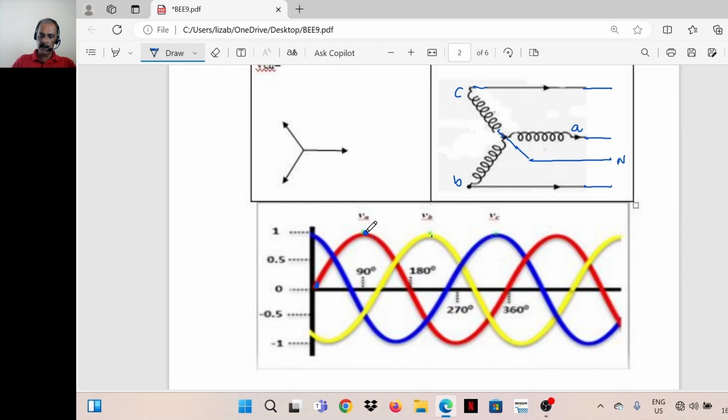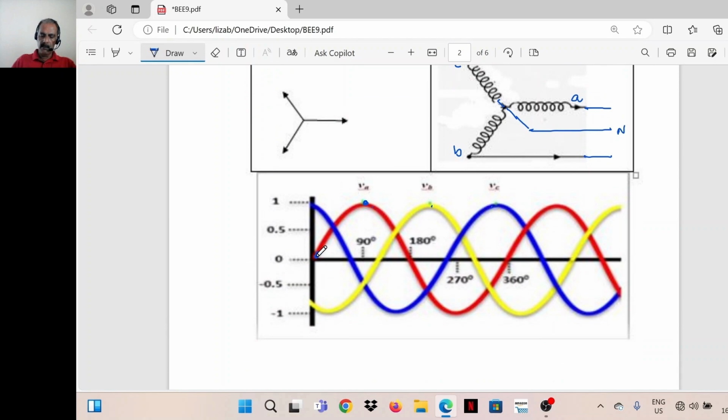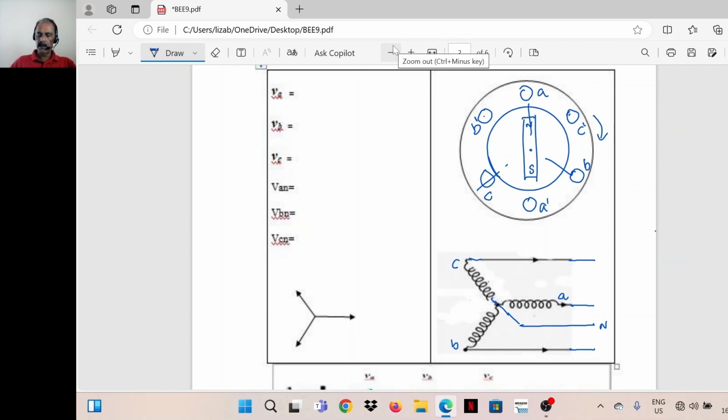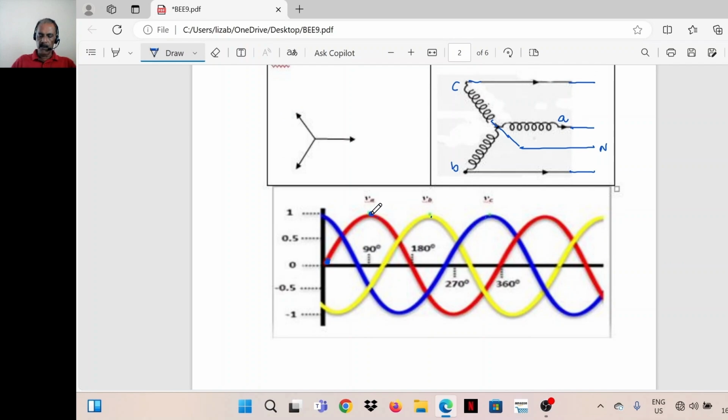That is this point. So when the axis of the magnet was horizontal, the voltage induced in conductor was 0. Now when it is vertical, the voltage induced in conductor comes to the maximum. That means at this point.